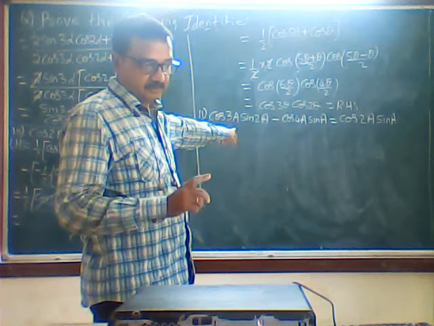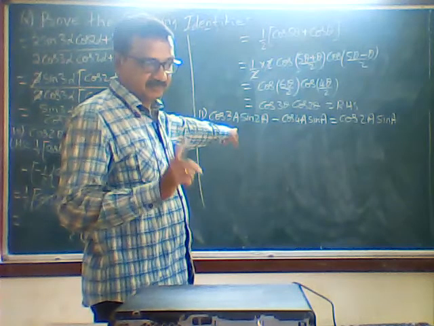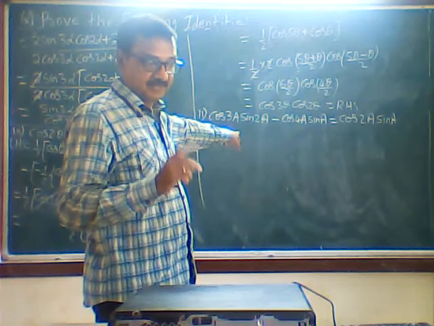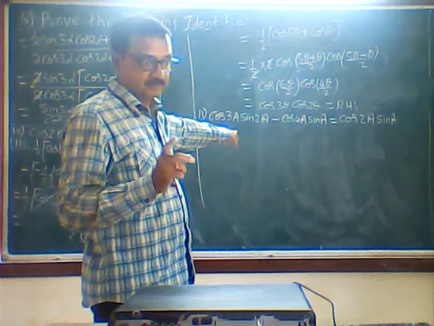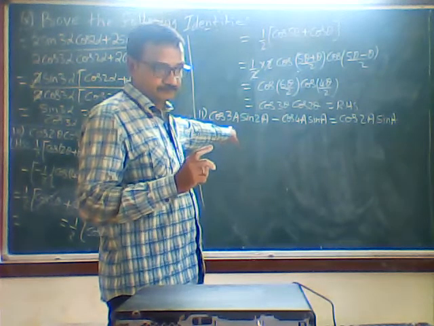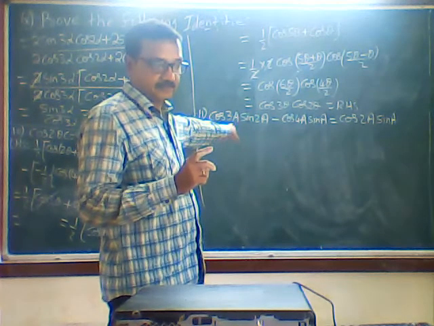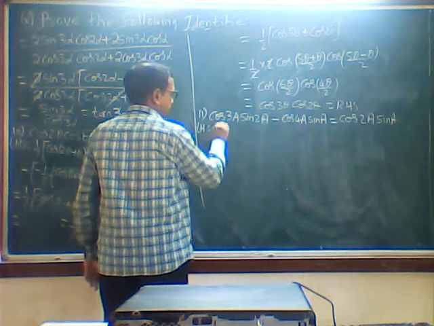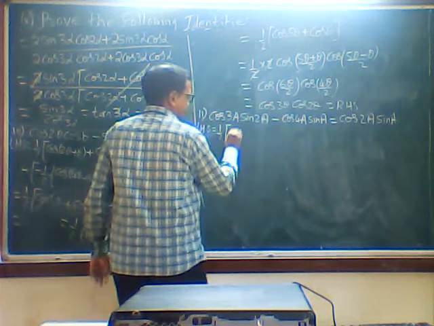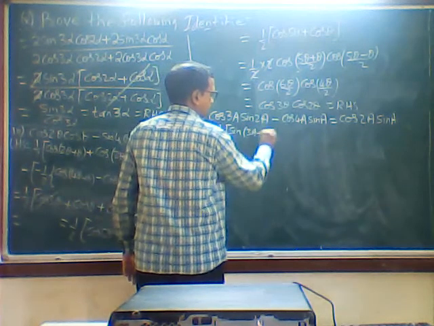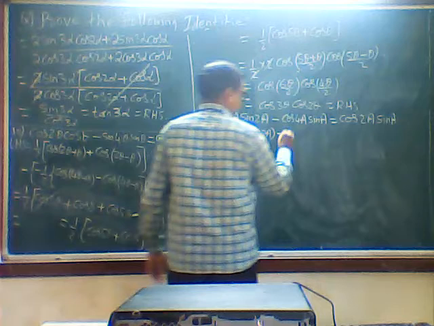Half inside the square bracket, sin of (A plus B) minus sin of (A minus B). Why? Because it is your second product formula. Okay, I will write it. Half sin of (A plus B) minus sin of (A minus B).